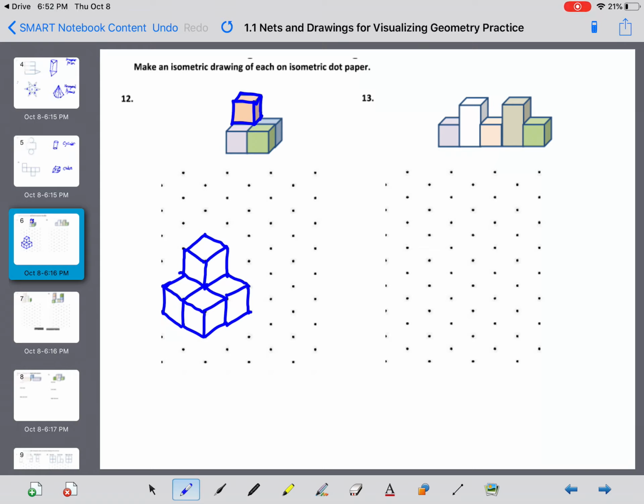For the next one, I'm going to start out with my cube all the way at the end. And we're going to want to save some room, so I'm going to start all the way on this side. So there's our first cube. Now the second one is taller, so it actually goes up from here.